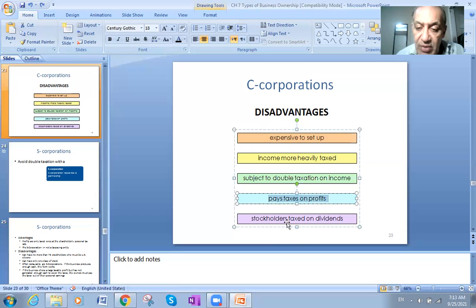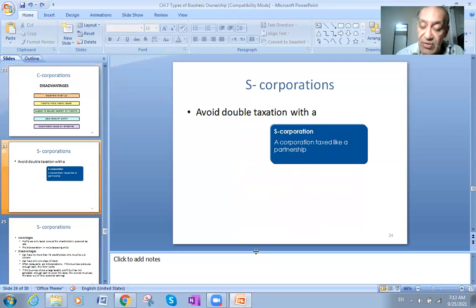Stakeholders are taxed on dividends. The stakeholders have their own dividends from the shares, and they also pay taxes on the dividends. So like you see, there is double taxation here. How will we avoid the double taxation?